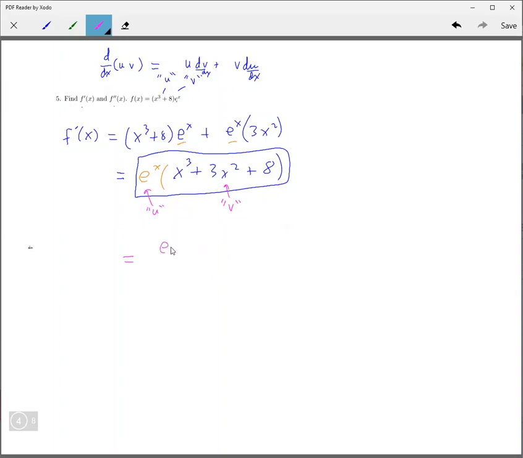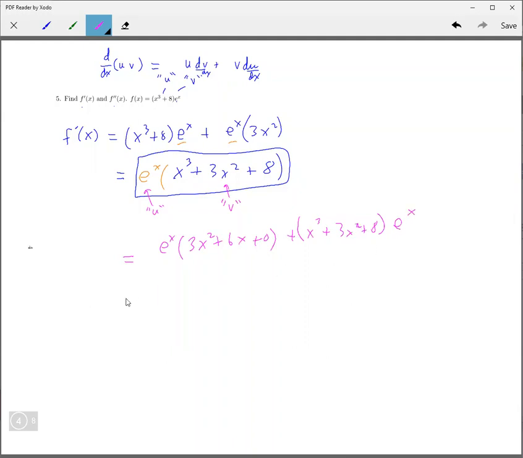Okay, so I have e to the x times the derivative of that. So that's 3x squared plus 6x plus 0, plus all of this times the derivative of that, which is just e to the x.